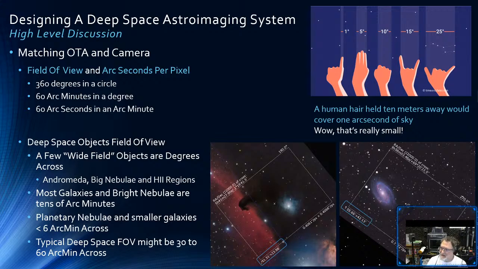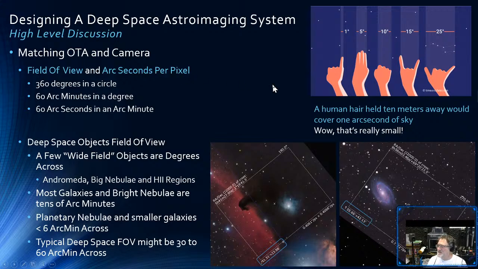So it's a 60th of an arc minute, which is a 60th of a degree. Okay, and we're going to use those terms to define things like field of view and arc seconds per pixel in our camera. And those are terms that we're going to use again to match camera and optical tube assembly together.